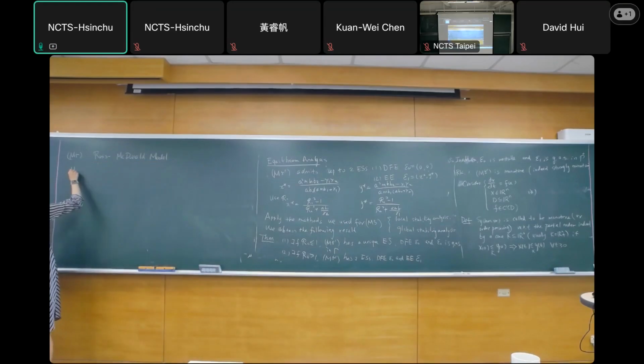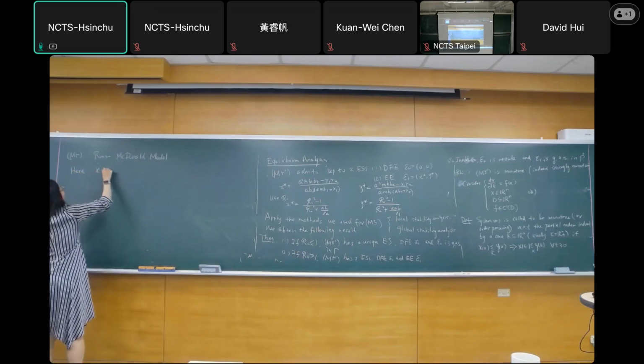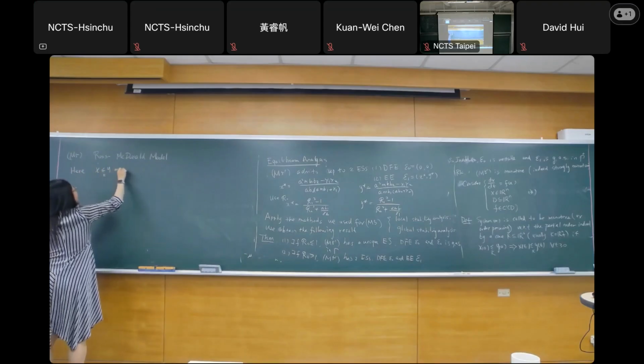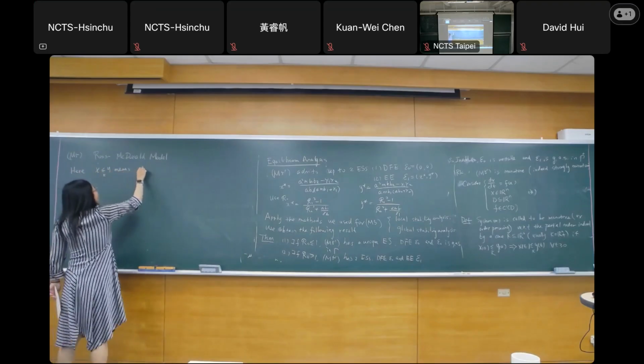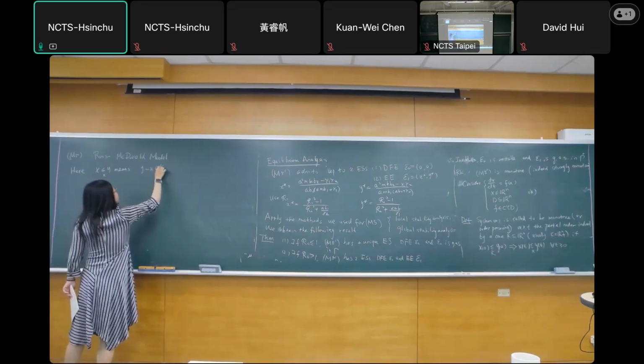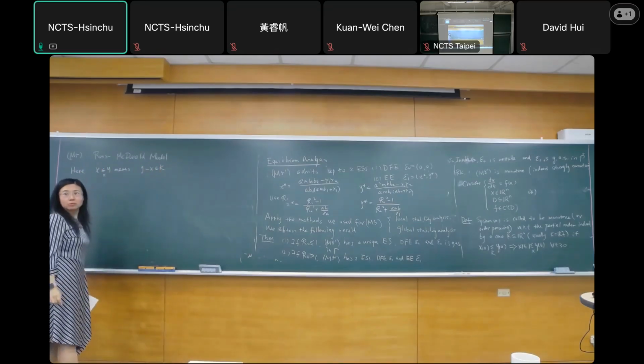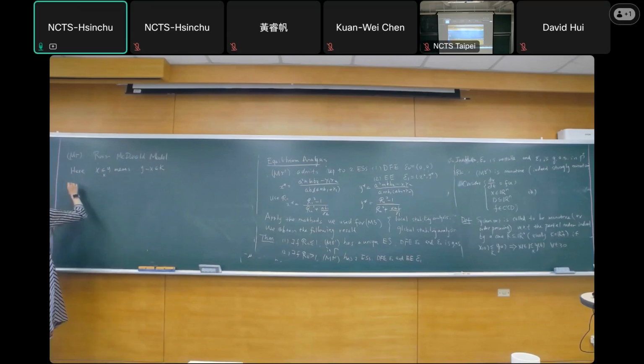Here, what this means is that y minus x is in the cone, the positive cone, for instance.